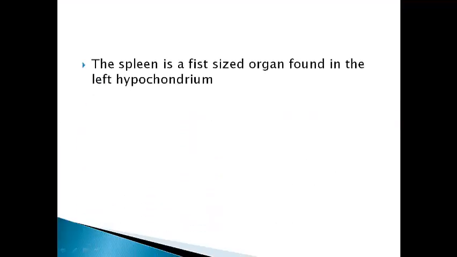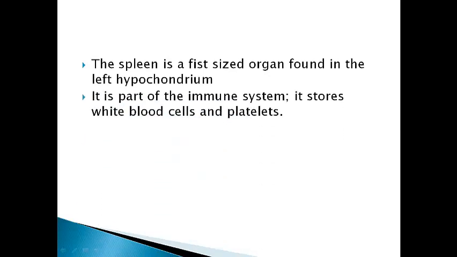So the spleen is generally a fist-sized organ, so if you make a fist, that's the rough size of your spleen. And it is located in the left hypochondrium. It's considered part of the immune system, so the only reason we take it as part of the GIT is that it's in proximity.